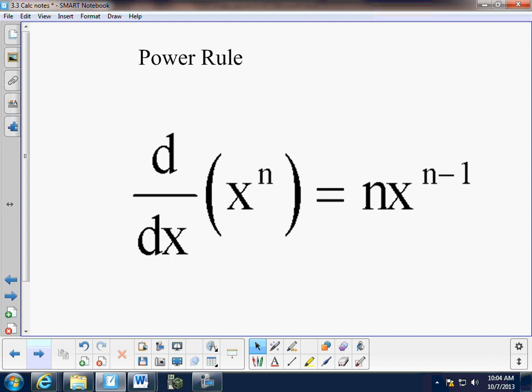Remember, the exponent multiplies down into the front, and then the exponent gets smaller by 1. So the exponent n multiplies down to the front, and the exponent gets smaller by 1. That's the shortcut for polynomials. It's called the power rule, because it's something to the third power.